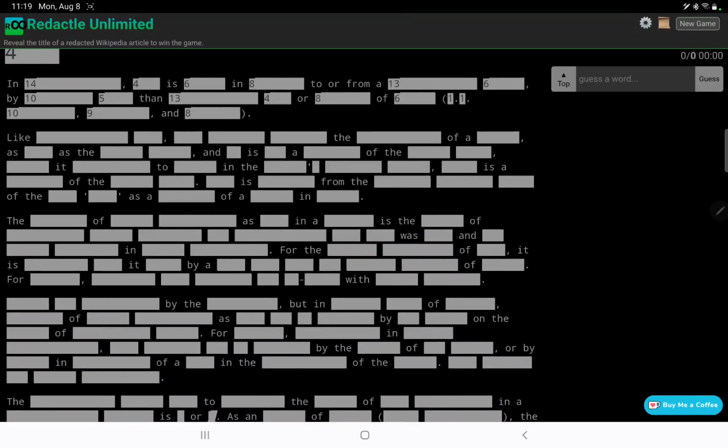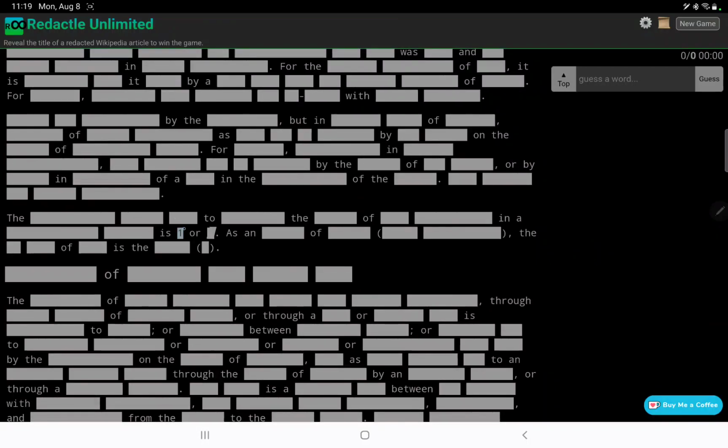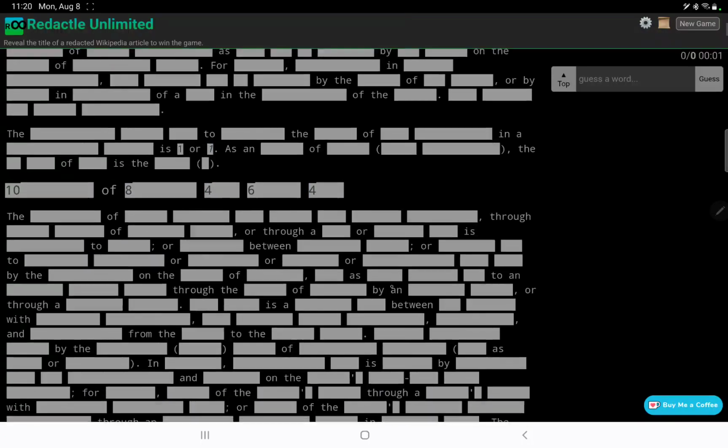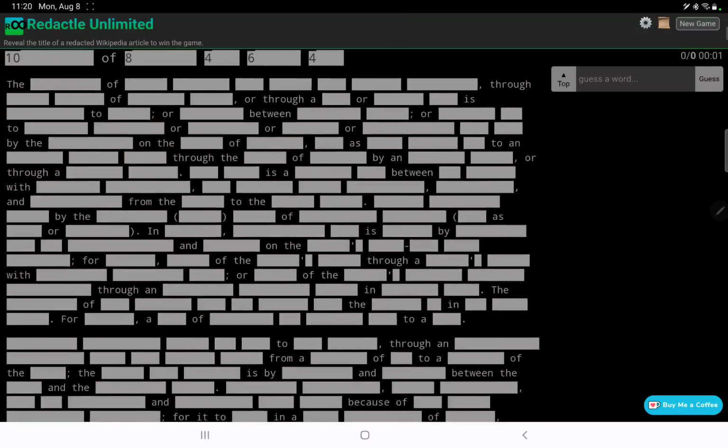So I'm thinking this is going to be something scientific. We have something or something in italics, a long heading there. The word through appears a lot here.